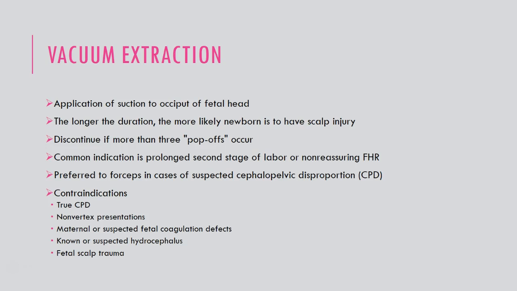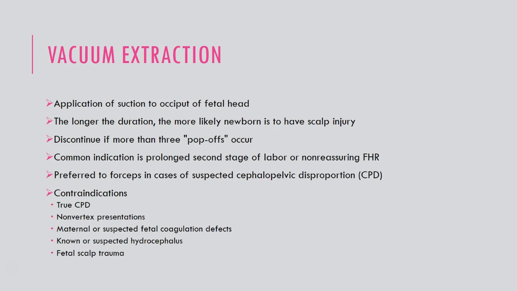If we suspect that the mom or the baby have some type of coagulation problems, we wouldn't want to use the vacuum extractor, because if they had some kind of coagulation deficit so that they're not able to clot effectively and we cause a hematoma on the occiput of the fetal head, or we cause a vaginal or a cervical tear in the mom, they're going to bleed, they're going to hemorrhage.